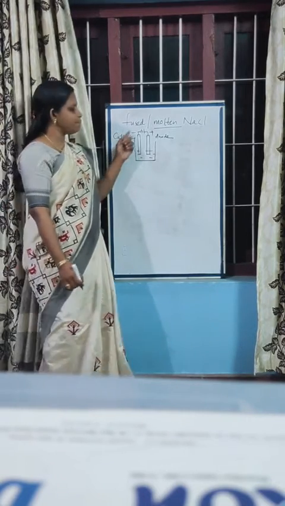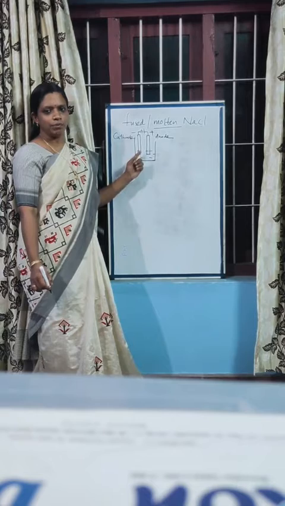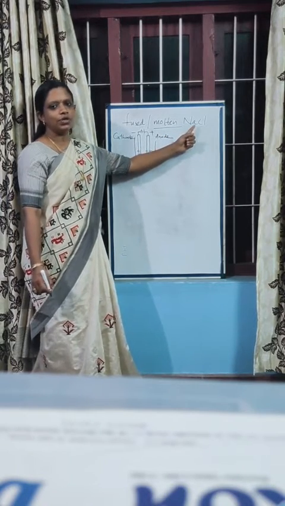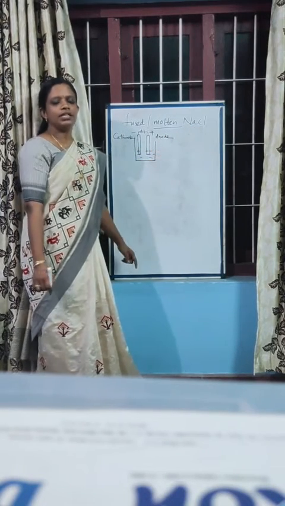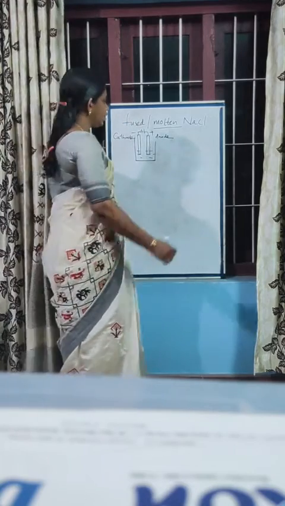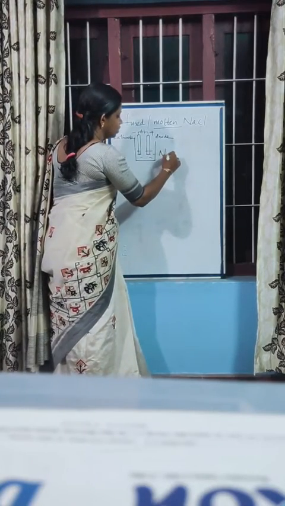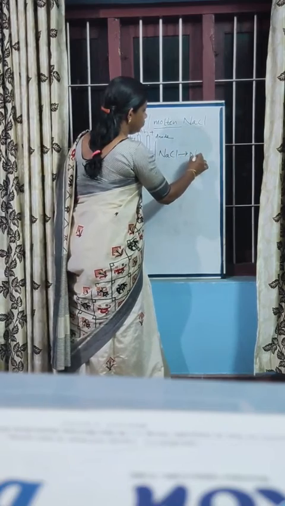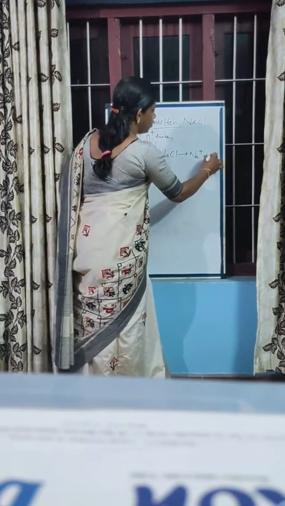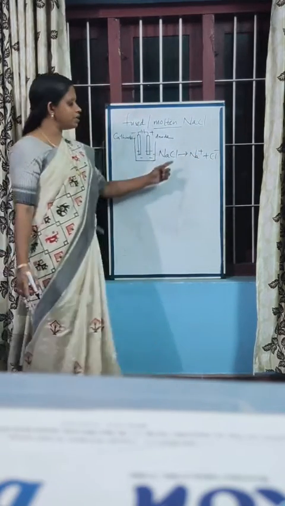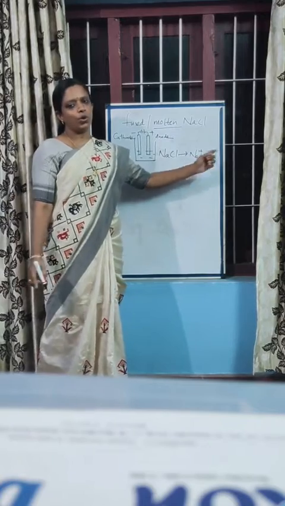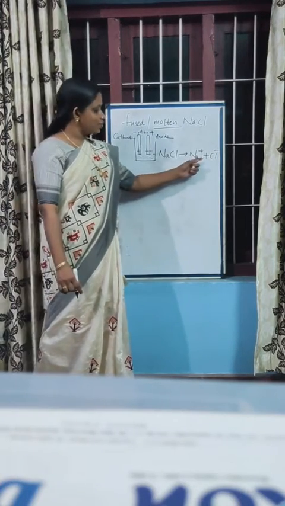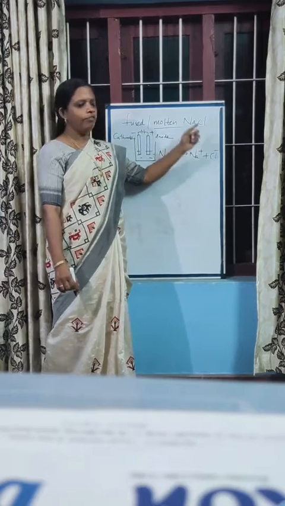When electricity is passed through molten sodium chloride, being an electrolyte, sodium chloride undergoes decomposition or electrolysis. It splits into sodium ion and chloride ion.